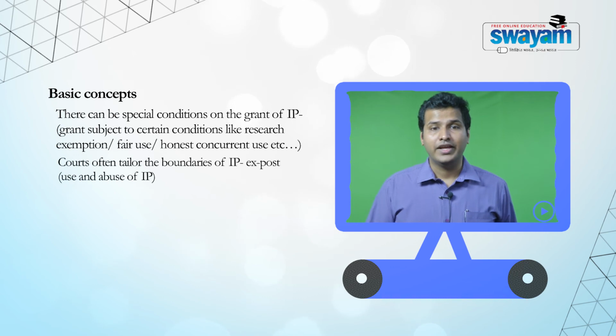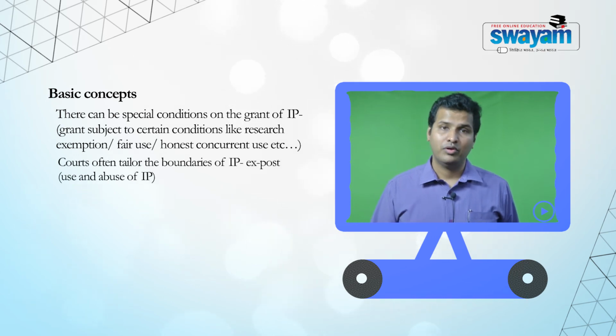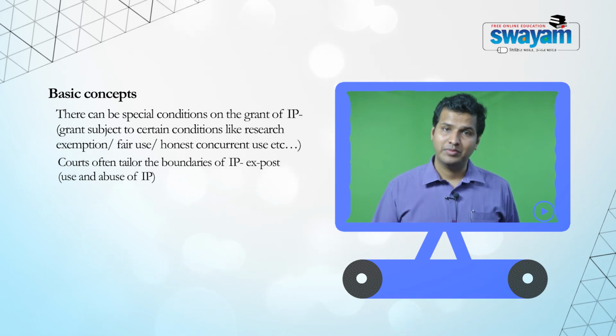Courts also determine the boundaries of intellectual property. So, even if a property right is validly granted, for example a patent has been granted, it does not ultimately mean that the particular boundary of the patent is clear.